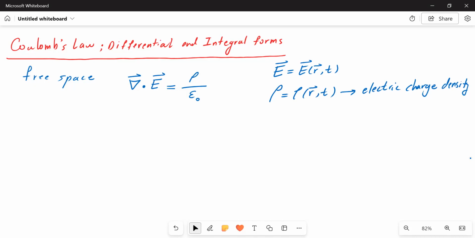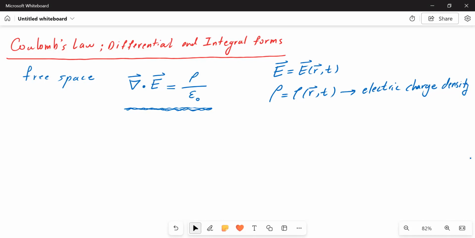What the first equation of Maxwell's four equations states is that this is the source of the electric field. To be more exact, the divergence of the electric field that is a result of the charge density is simply given by the charge density divided by epsilon naught.